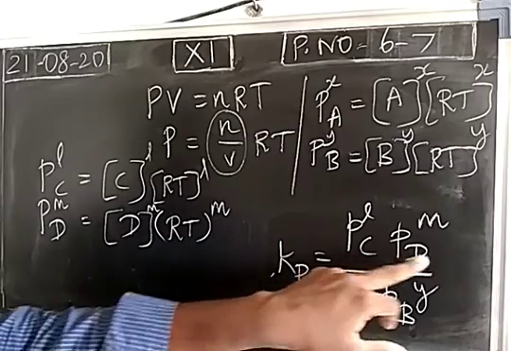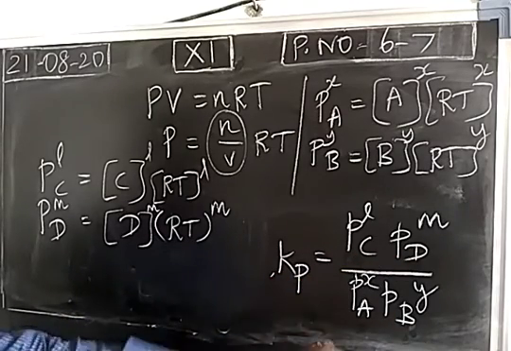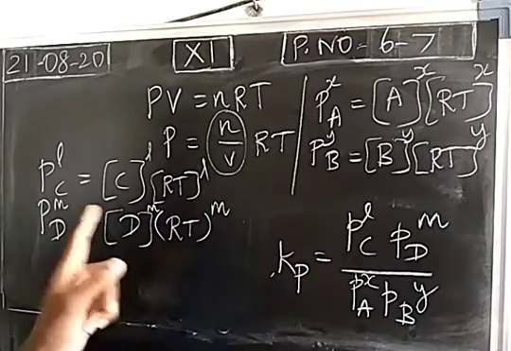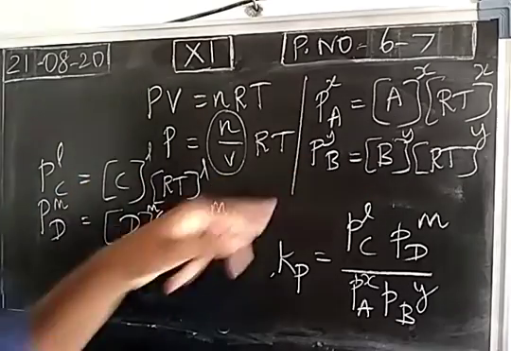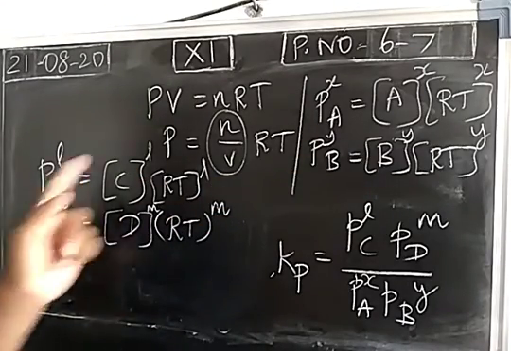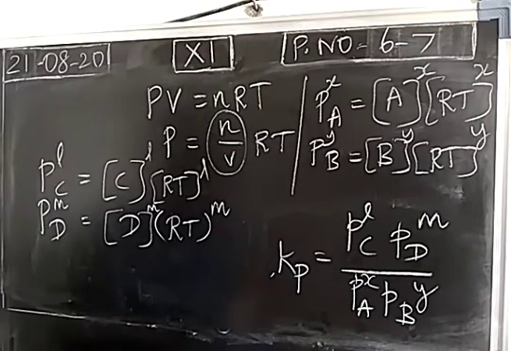Partial pressure of products C and D as well as reactants A and B, each term is written with the help of the ideal gas equation. Just substitute all these values in this equation.